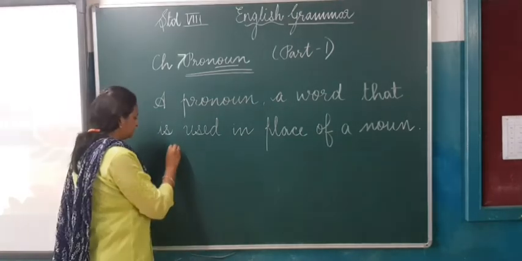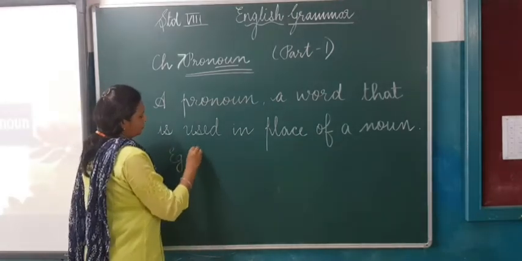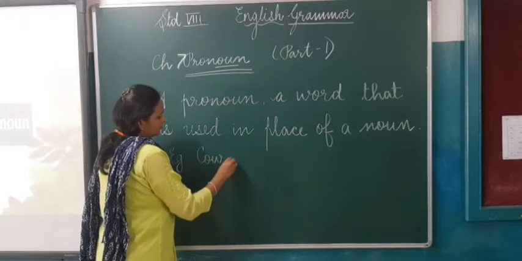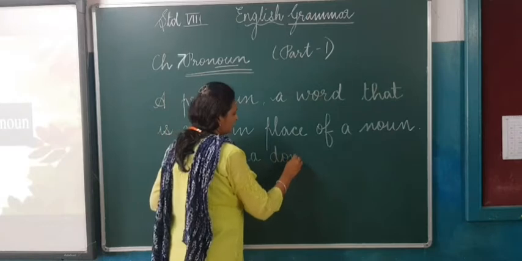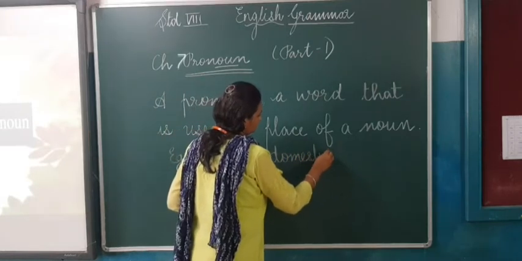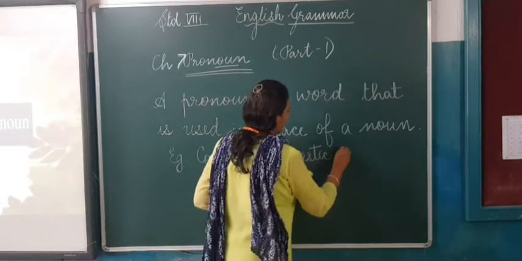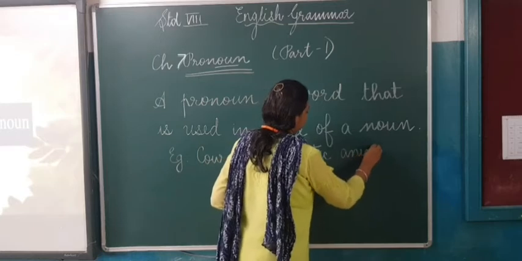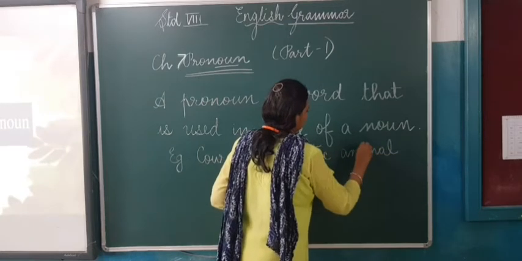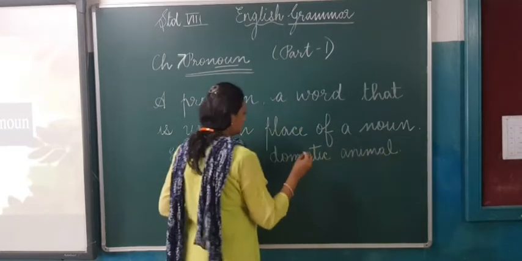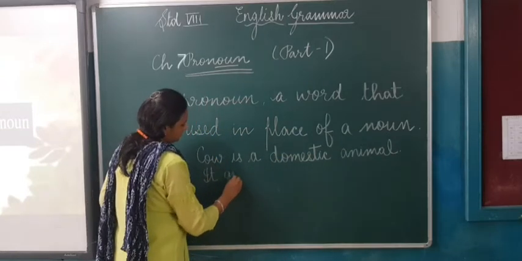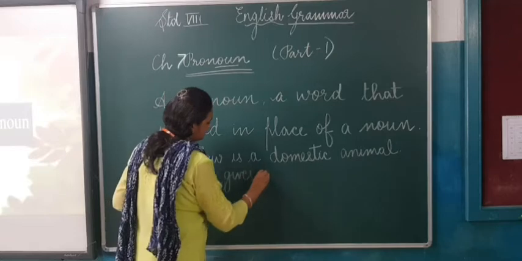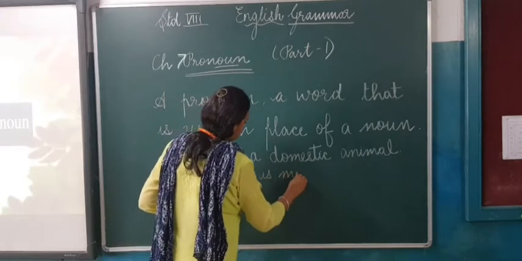For example, cow is a domestic animal. It gives us milk.